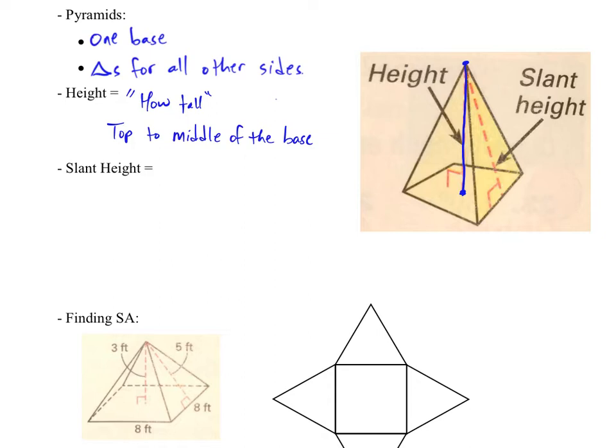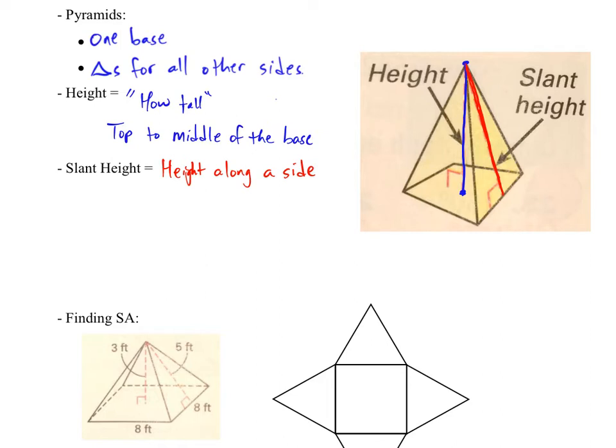The slant height is looking at how tall is one of the sides. So this here in red they have is the slant height. So I'm going to say this one here is the height along a side. Now, of those two, say we're talking about surface area. Which one of those two do you use in surface area?